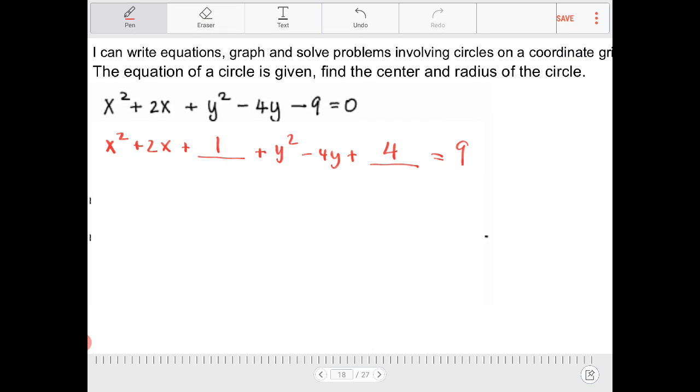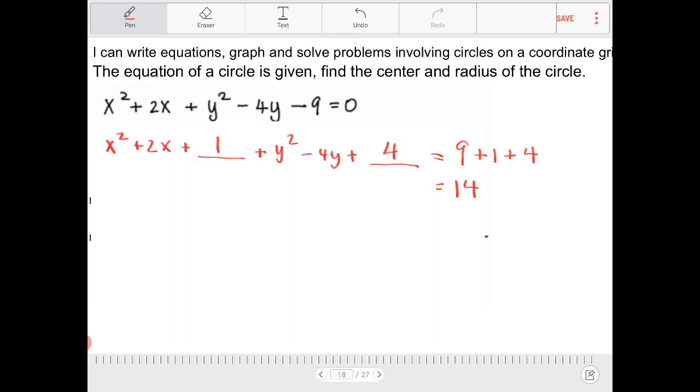However, I've broken the cardinal rule of algebra. Can you spot what it is? Anytime you add anything on one side of the equation, you must always add it to the other side. So here, I must add 1 and 4. So this is really going to be 14.